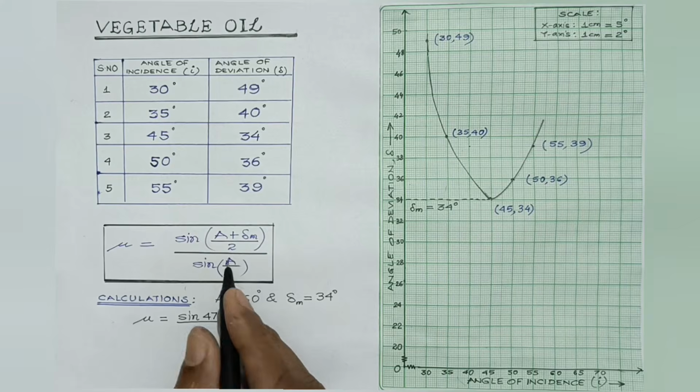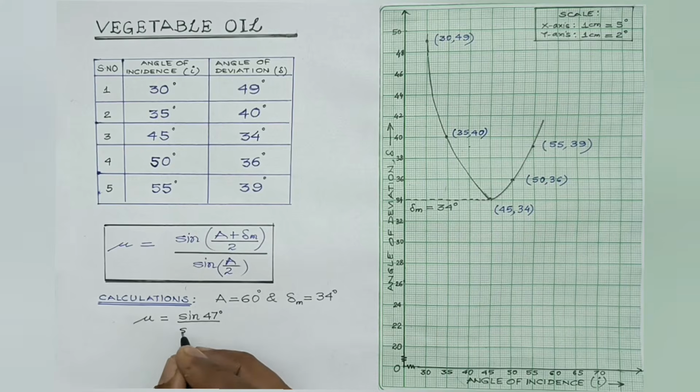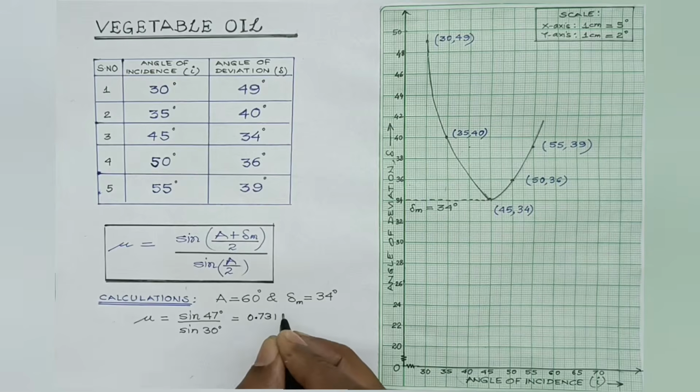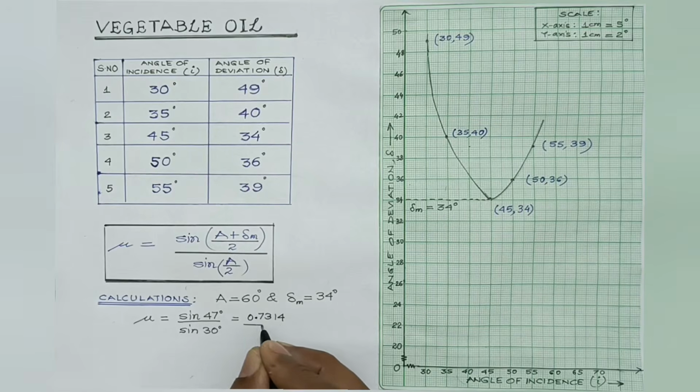Angle of prism is 60 degrees, so sin A/2 would be sin 30 degree. So sin 47 degree, it's approximately 0.7314. And sin 30, it's half, that is 0.5.